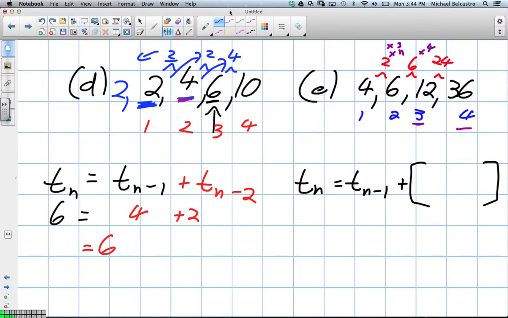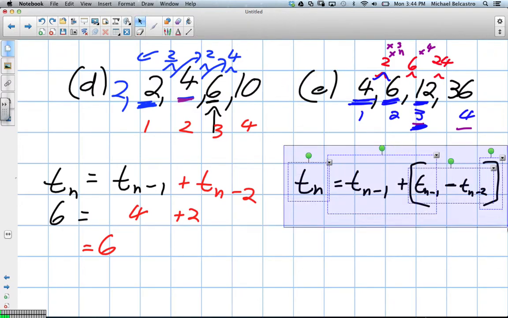Well, it looks like the adding part of this formula, for instance, if we're trying to build 12, is that we're taking the term number we're on, and we're multiplying it by the difference of the two terms before that. So the two terms before that in our case are t at n minus 1, subtract t at n minus 2, all multiplied by whatever term value we're on.